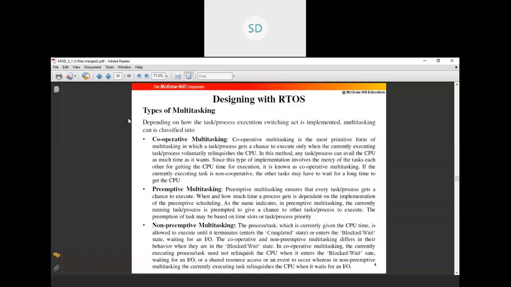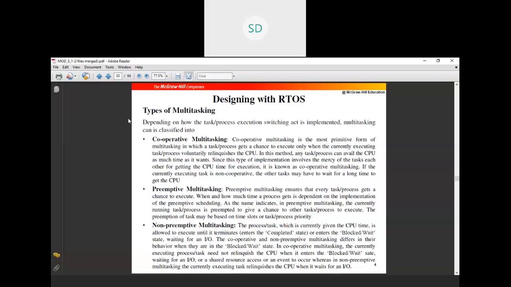Whereas preemptive multitasking ensures that each and every task or process gets a chance to execute. Equal time will be given to all the tasks, or when a high priority task comes, there will be a preemption. Some strategies will be there, but in general all the tasks in the queue get an equal opportunity to execute.